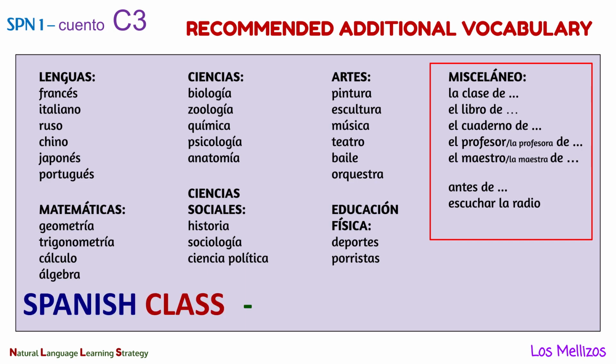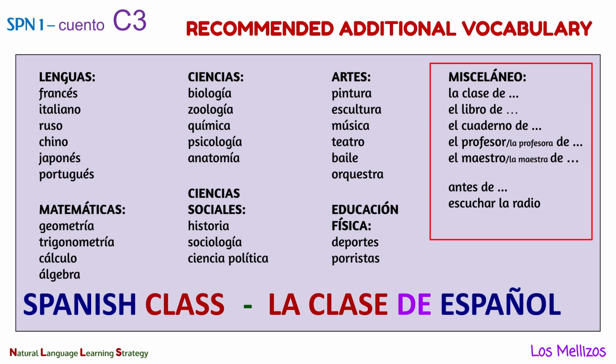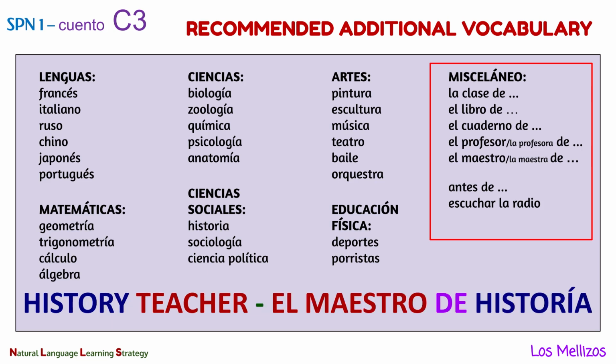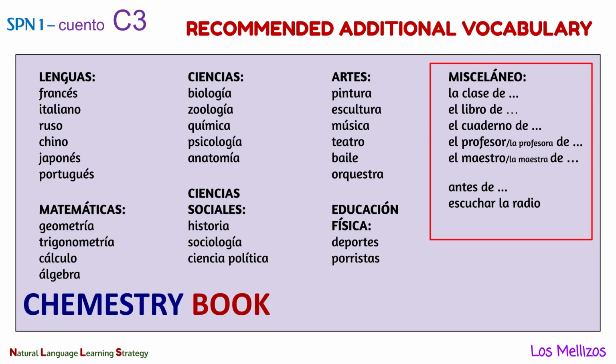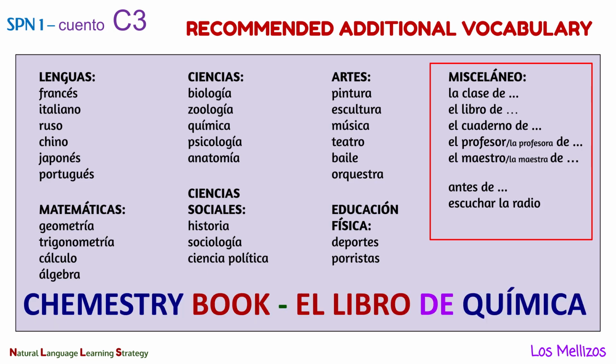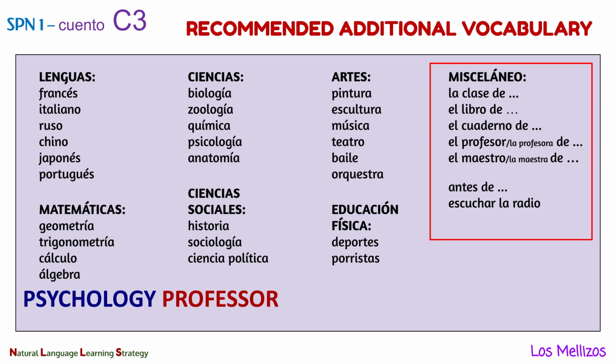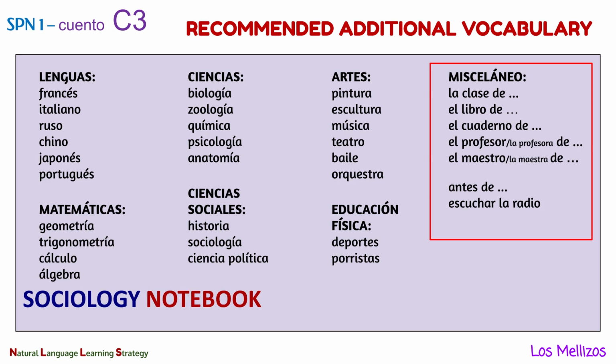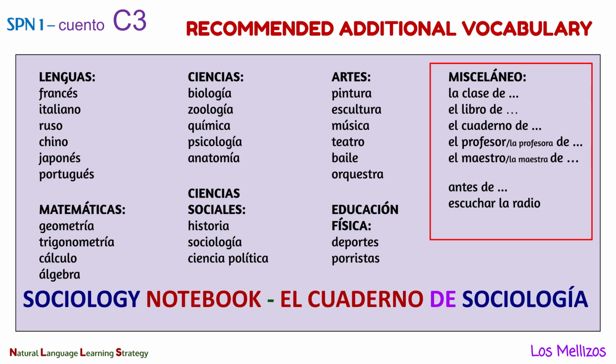Spanish class becomes la clase de español. History teacher becomes el maestro de historia. Chemistry book becomes el libro de química. Psychology professor becomes el profesor de psicología. And sociology notebook becomes el cuaderno de sociología.